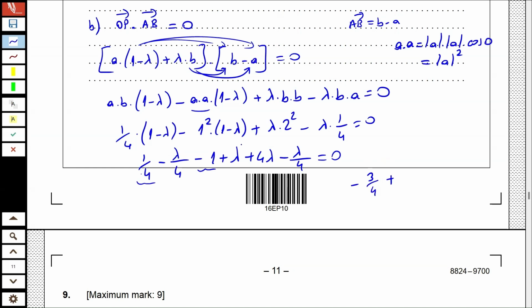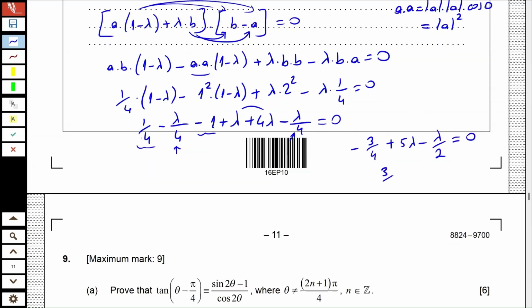And then here is 5 lambda. And these are going to be minus lambda over 2. It's going to be 0. So 3 over 4 equals 9 lambda over 2. And lambda from here you can write 6 over 36, which is 1 over 6.